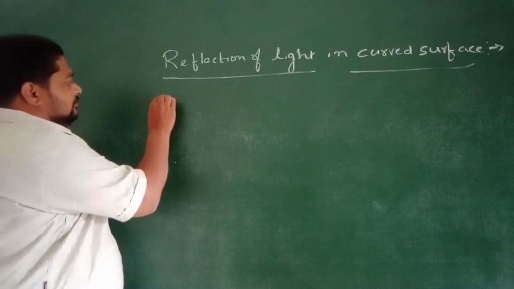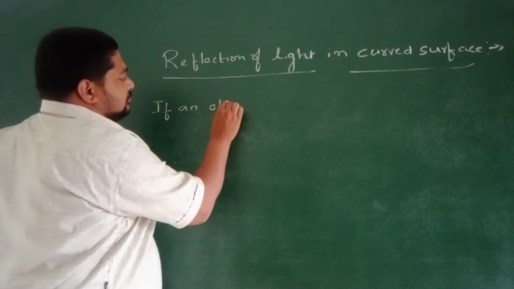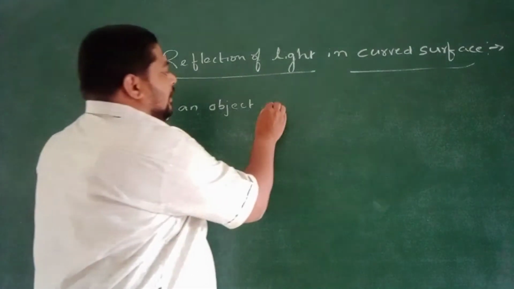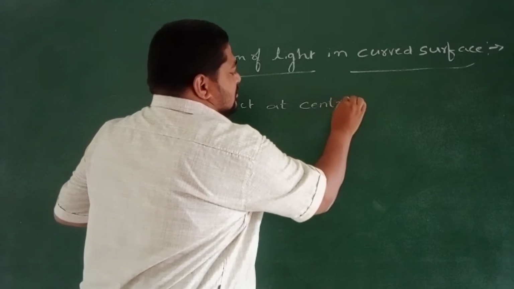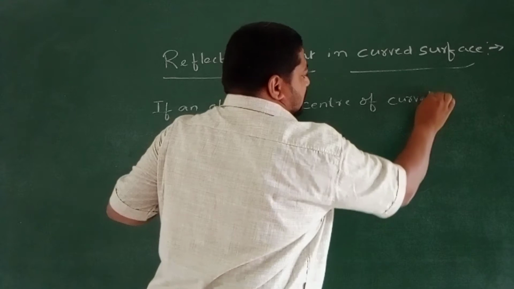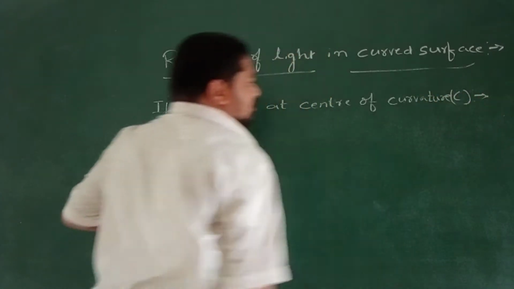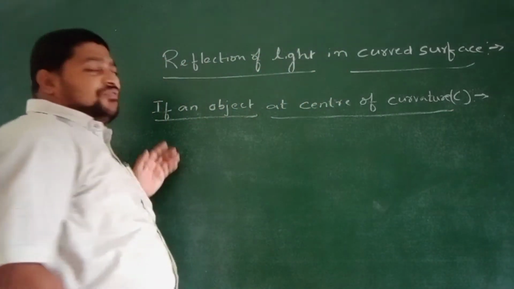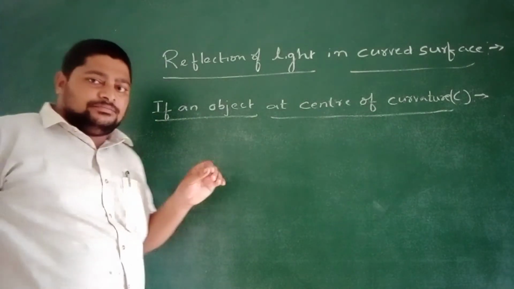If an object is at center of curvature, what is the nature of the image and what is the ray diagram?